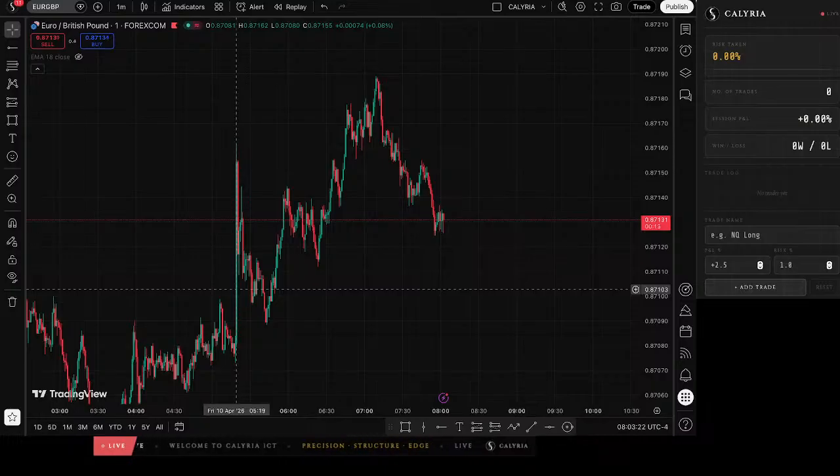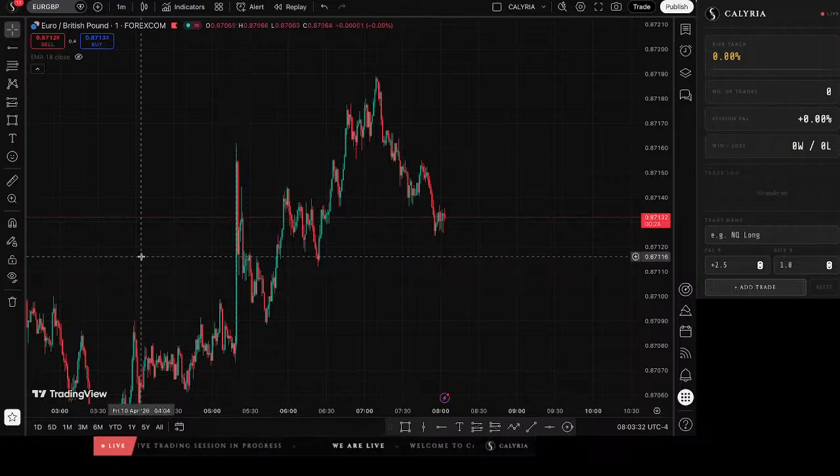So yes, there would be a trade on Euro GBP, but we would have to wait for it to go up right now.